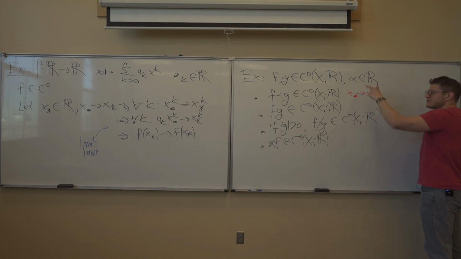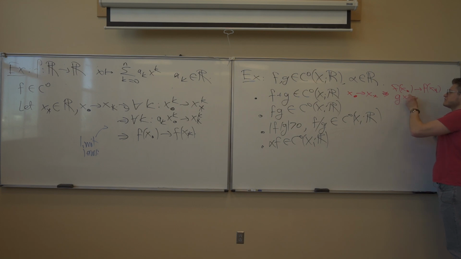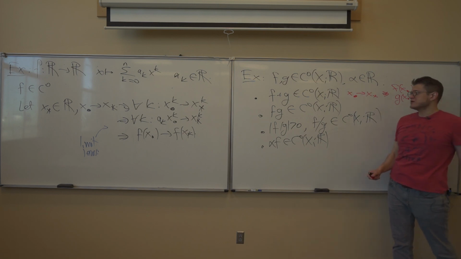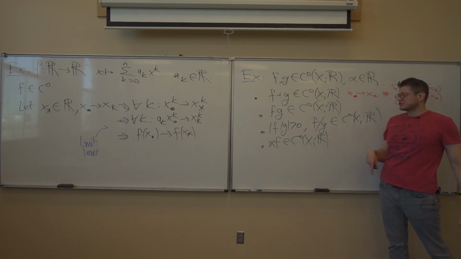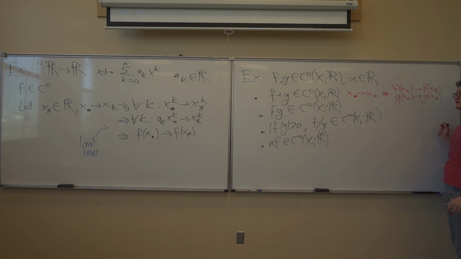Well, since f and g are continuous, f of x_n converges to f of x star, and g of x_n converges to g of x star. But then these are convergent sequences of real numbers, and by the limit law, you know that their sum converges to the sum of the limits.